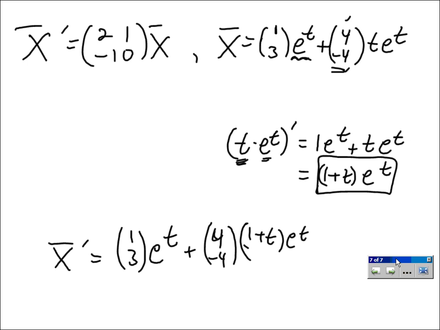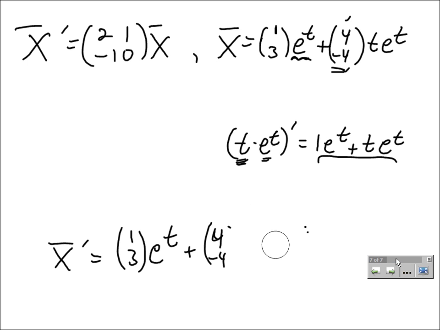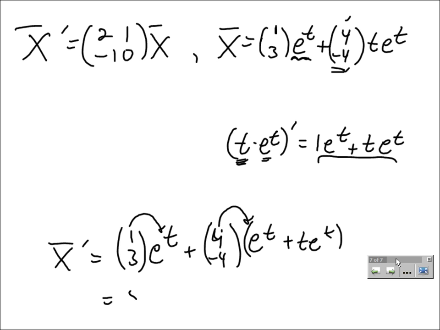Now, it turns out that there are some like terms. In fact, maybe it would have been better if we didn't factor. I'll explain why in a moment. Because here we have 1 e to the t, and I'm adding 4 more, so I'm going to get 5 e to the t's. Let's not forget plus 4t e to the t.